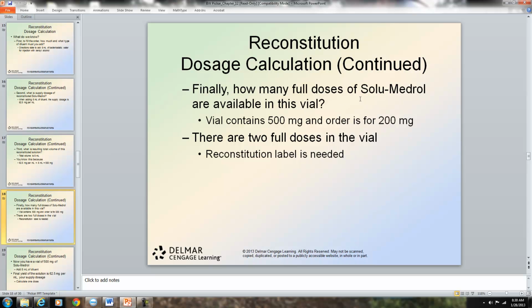Finally, how many full doses of Solu-Medrol are available in this vial? The vial contains 500 milligrams and the order is for 200 milligrams. So this goes back to dosage desired, or what's desired, over what you have.